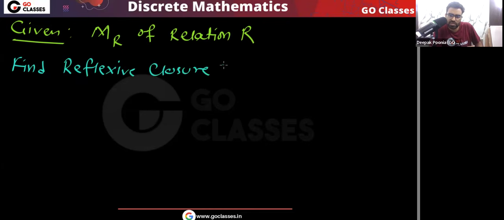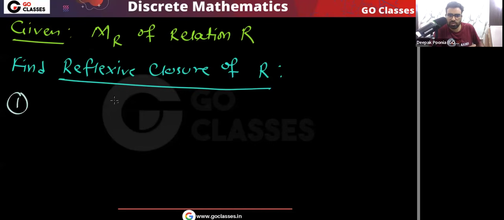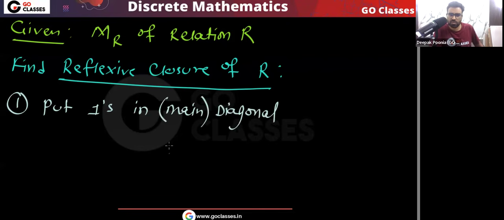I told you, to find the reflexive closure of R, you will make the main diagonal 1. Yes or no? Put ones in the main diagonal. By default, diagonal means main diagonal. So put ones in the diagonal of MR. Correct? This is one way.